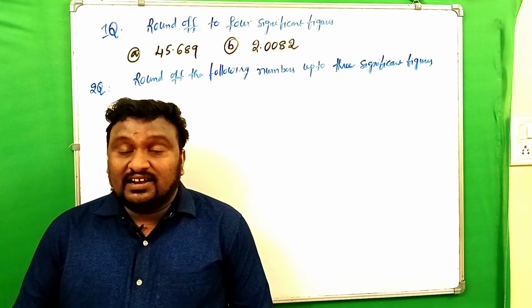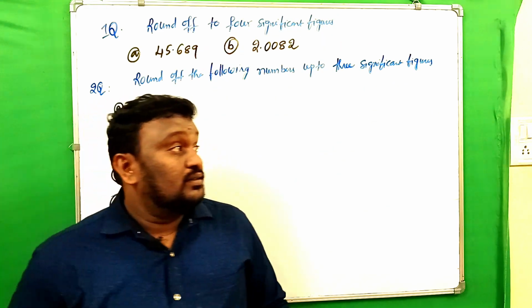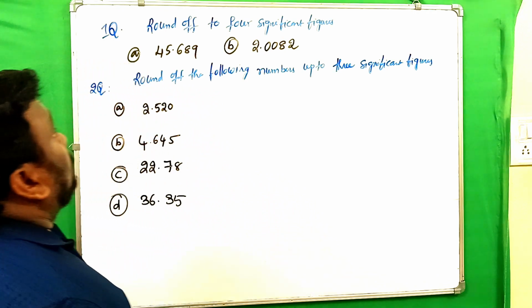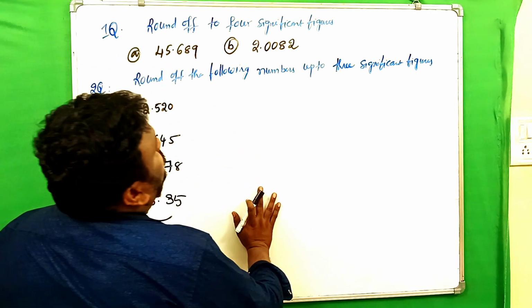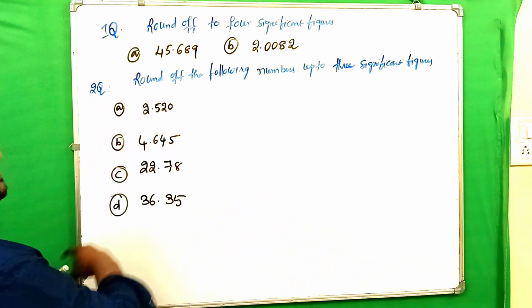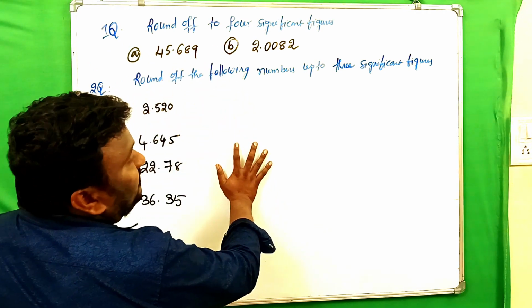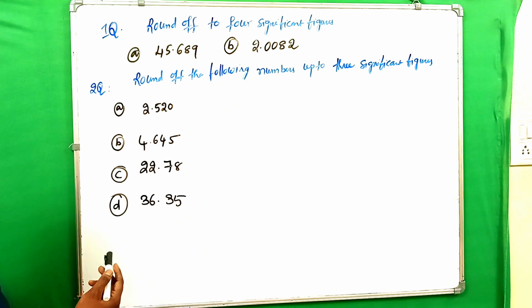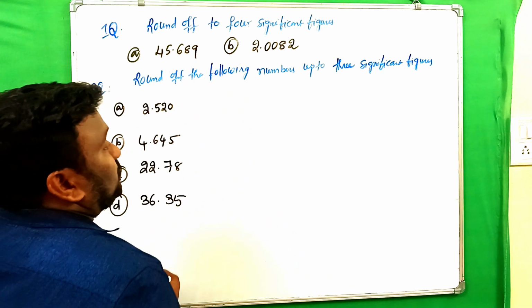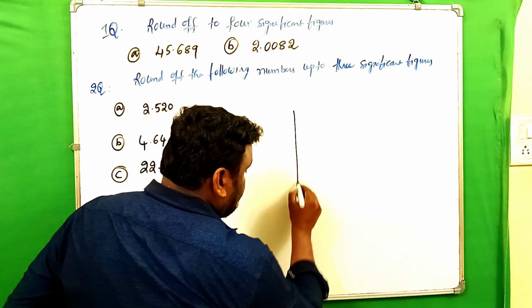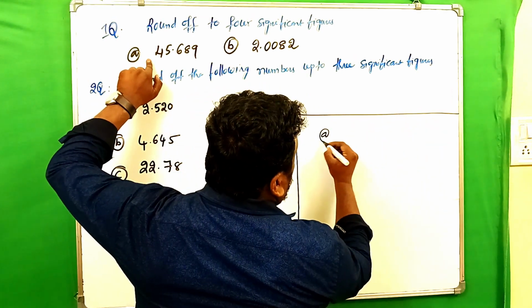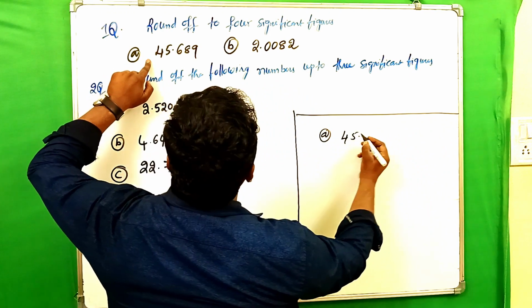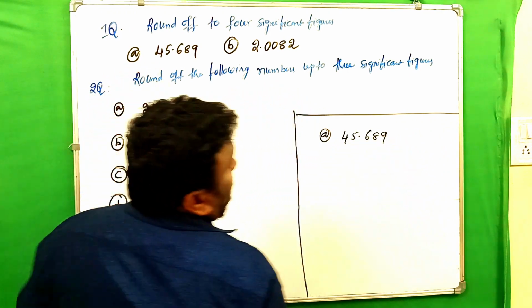Let's see some more examples. Two problems are here. The first one is: round off to 4 significant figures. The given numbers should be rounded to 4 significant figures. Look here now. The first number is 45.689.